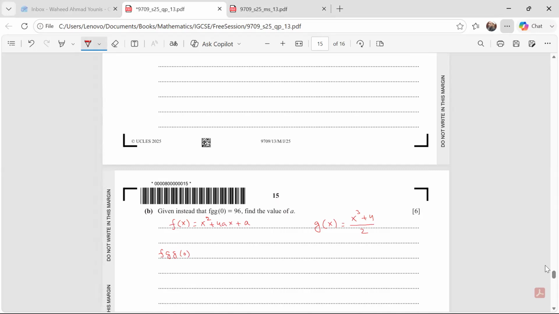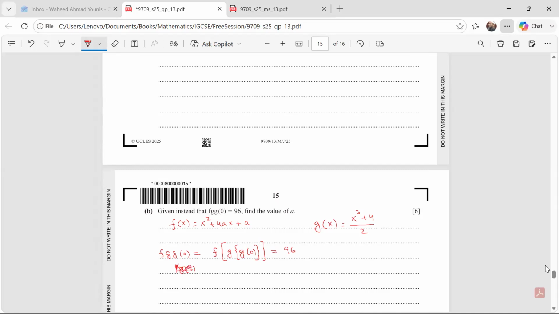It means that g of 0 will give me some value, and then you apply the function g again on this value, and then on this value you apply the function f. And this whole thing is equal to 96. So from this information we need to find the value of a.